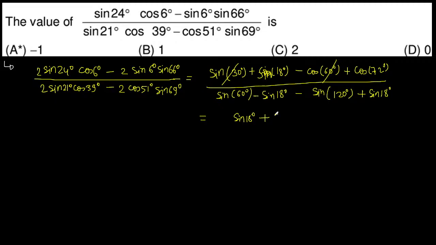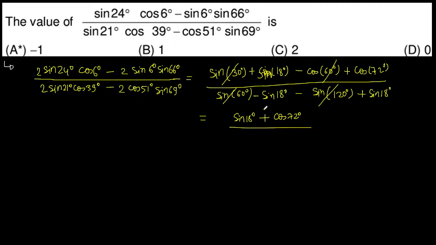So we got sin 18 plus cos 72 upon sin (90 plus 30). So this and this will get cancelled.